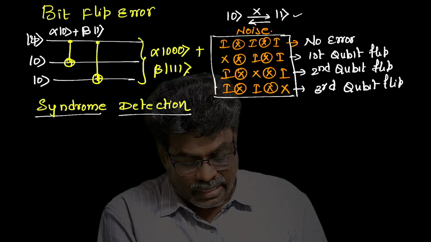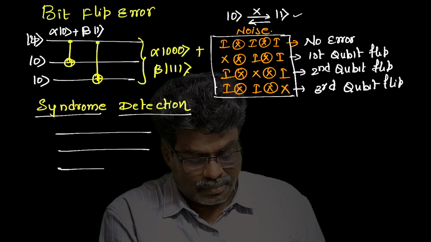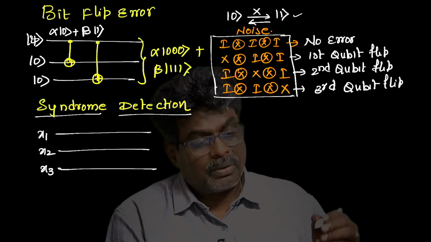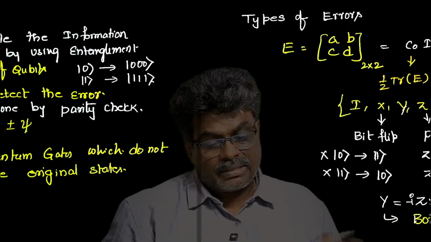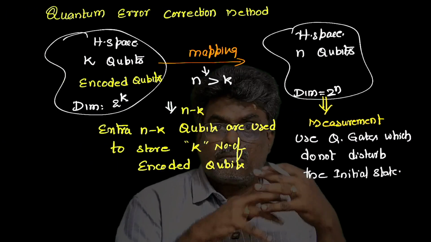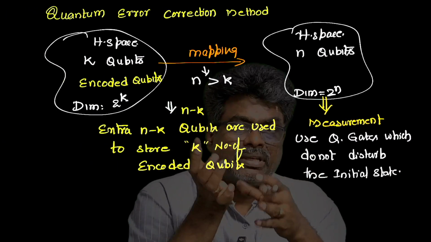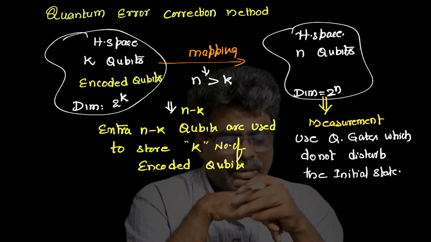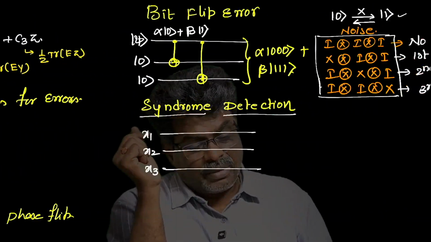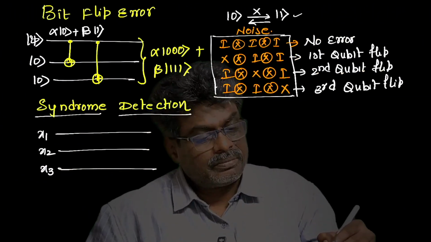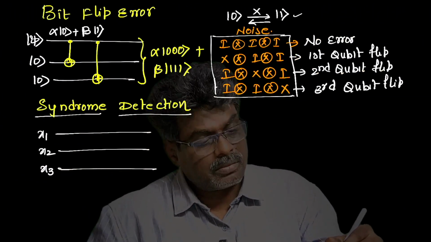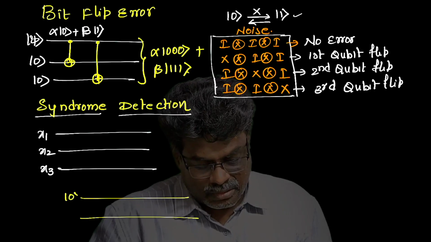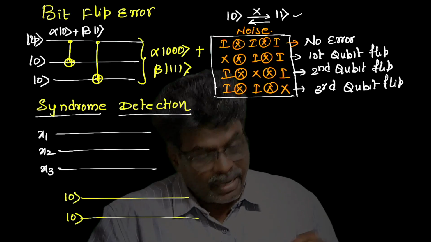So let us take 3 qubits, this is x1, x2 and x3. Earlier I have already discussed that we are mapping from a lower dimension Hilbert space to a higher dimension Hilbert space by using some more qubits. Those qubits we are taking as ancilla bits. So here we have some extra qubits 0 0, and these are called ancilla bits.